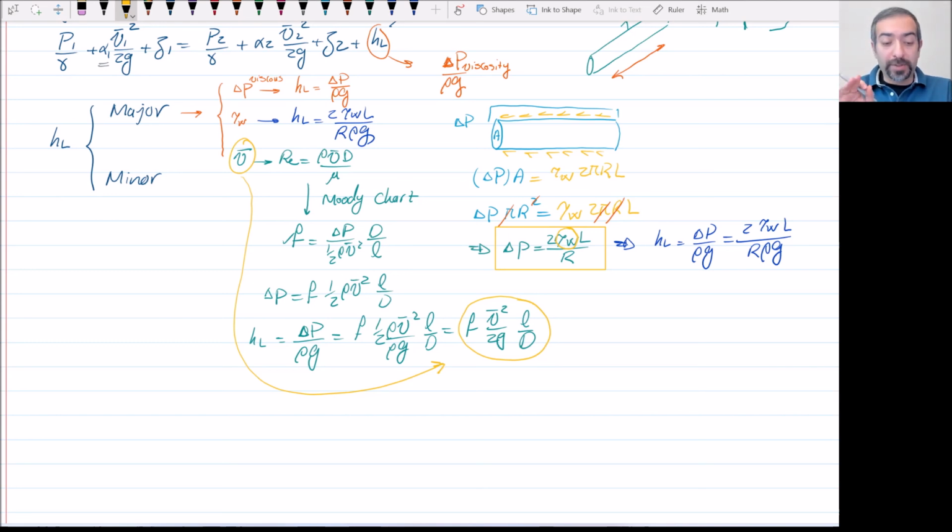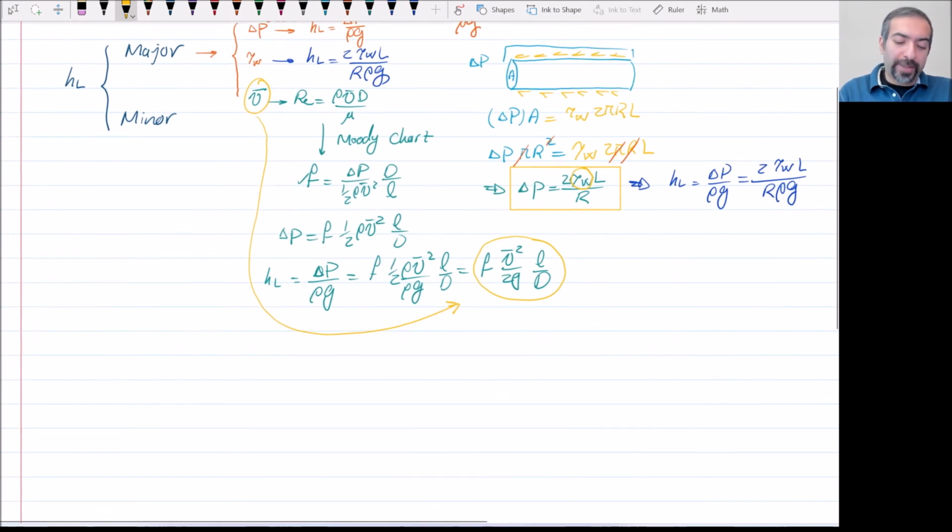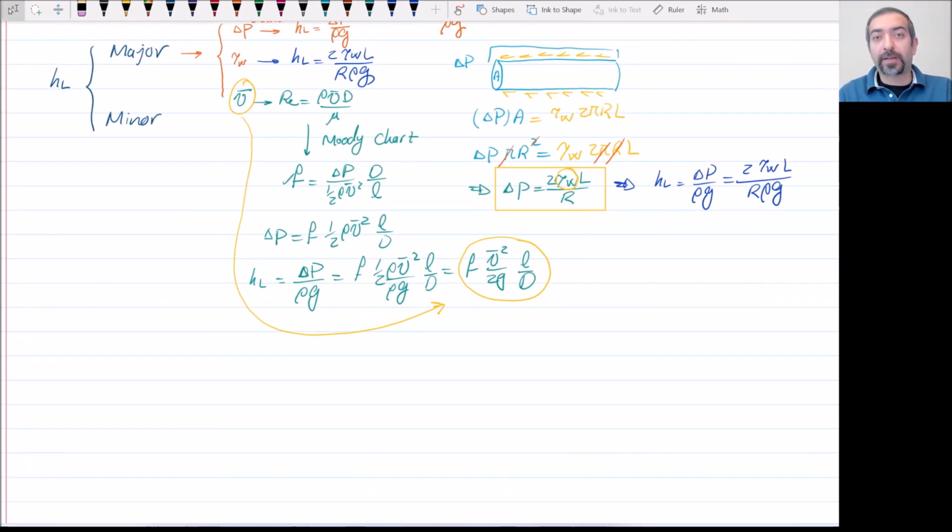So this is the major loss part of the flow inside the pipe. For the minor loss, usually an experimental empirical coefficient is given, and we show it by KL. KL is the head loss due to the presence of that bend or T or whatever we have, divided by V squared over 2g. KL is given in a table or provided to you anyway.